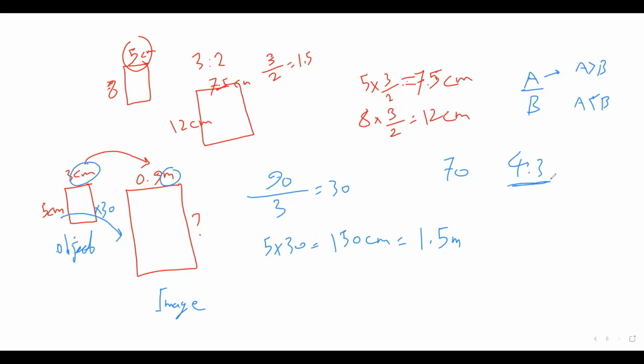As you can see, the ratio 4 over 3 is already greater than 1. And all you need to do is just take 70 and multiply it by 4 over 3. You get the final answer.